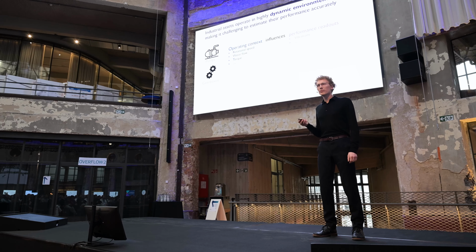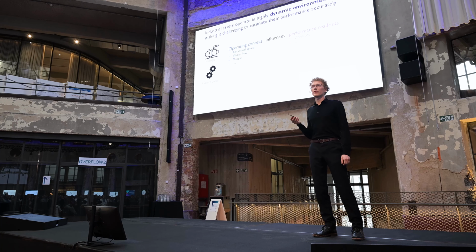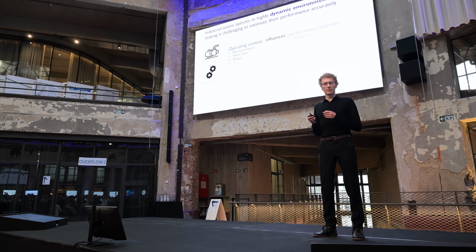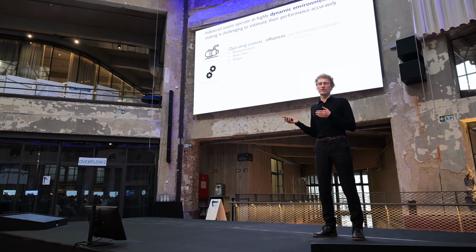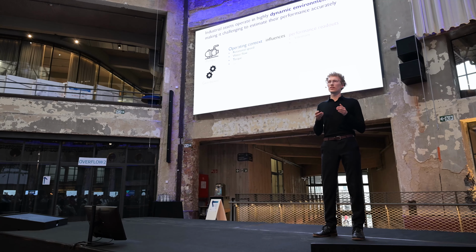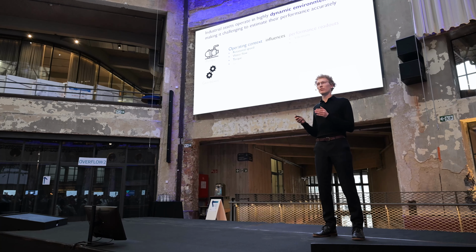So I told you before that the changes in vibrations can indicate upcoming faults in some industrial assets like pumps, potential failures. However, it's not that easy. Because industrial assets operate in highly dynamic environments, other operational contexts can also influence these vibrations.